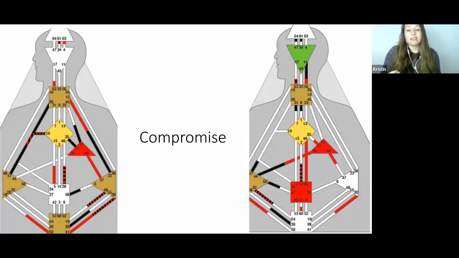You also have what we call compromise in human design. And what that means is that one person has the entire channel and another person only has half of the same channel. And so in these charts, you can see that if you look on the left, we have the 57-20. Let me see if I can, okay, no, I can't. Oh, wait, maybe I can.